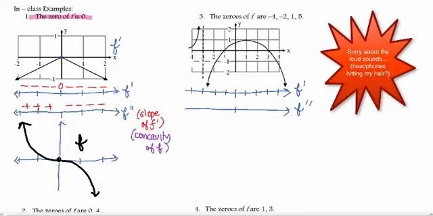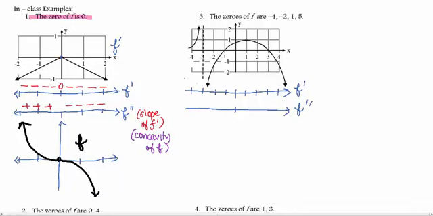We have f prime. Over here, to the left of -3, f prime is positive, and then f prime is negative until you reach -1. And I can even highlight those for you. It's a 0, a 0 here. It's positive between -1 and 3, and then it'll be negative after 3.